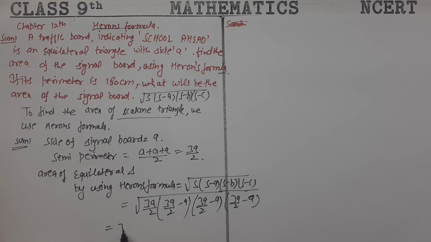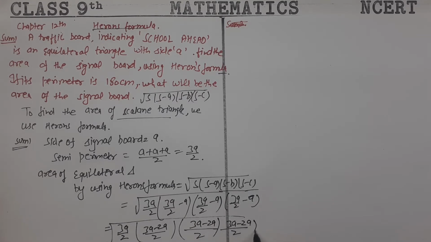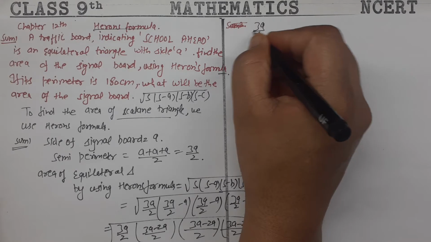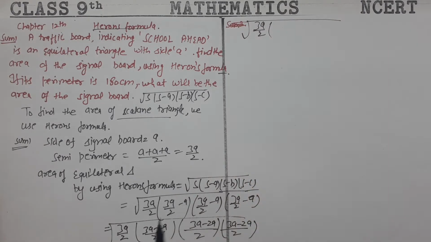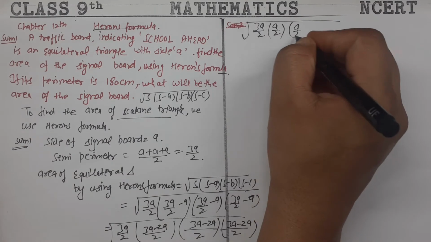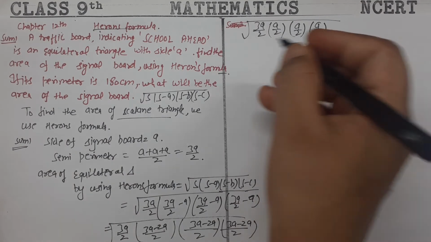Now solving, it will be the same. Take LCM. We have 3A minus 2A, which is A by 2. Again LCM, same, again LCM, also same. So we get A by 2, A by 2, A by 2.